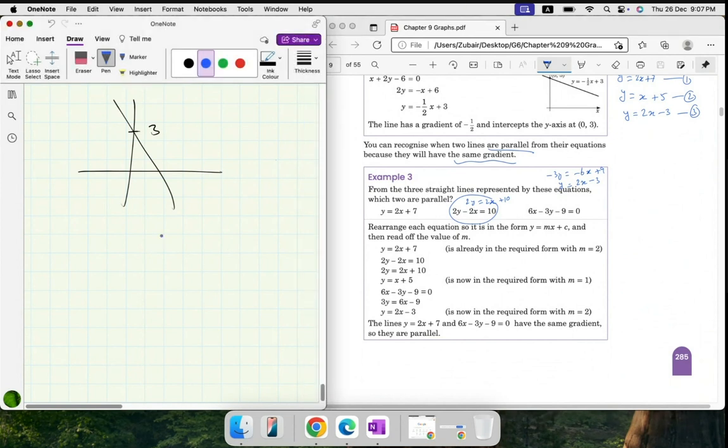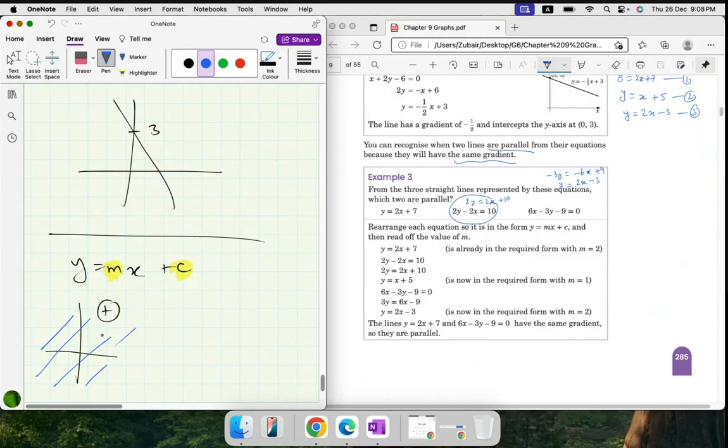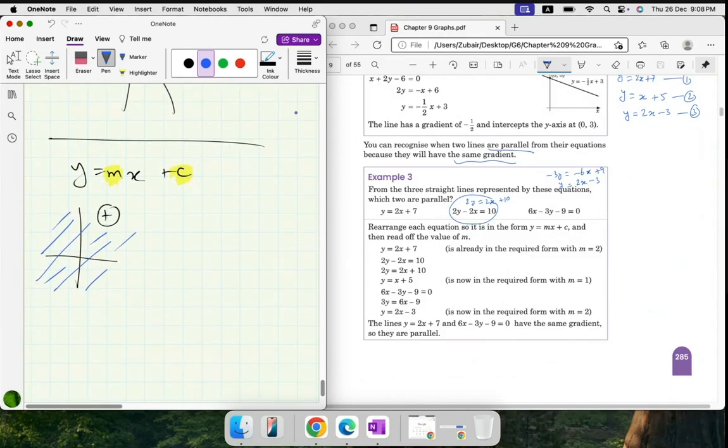Basic concept is y equals mx plus c, where we need to know the gradient and y-intercept. Positive gradient will have this slope wherever the line is placed, whatever the length of line is, whichever quadrant it is in, and negative will have this slope.